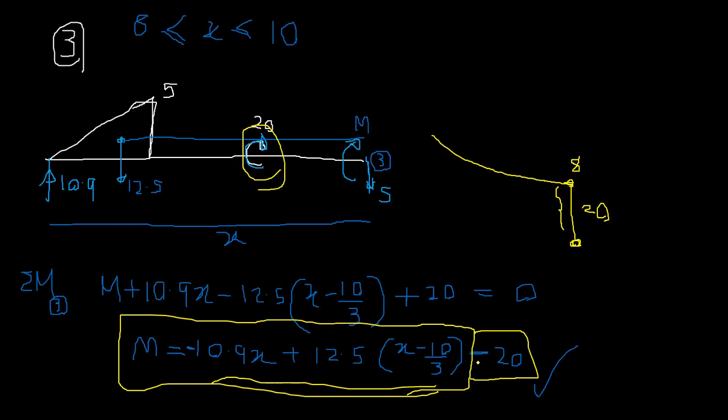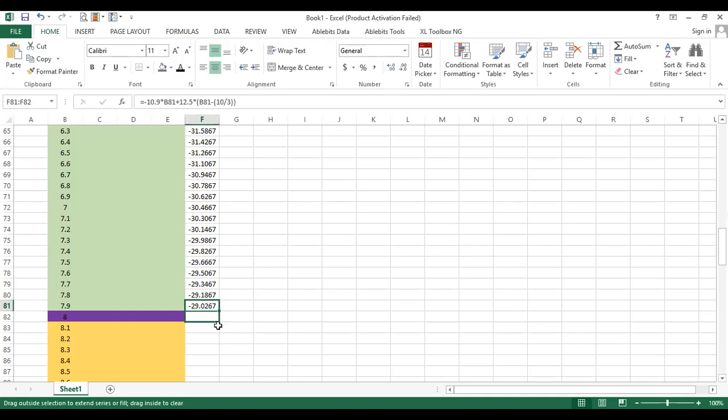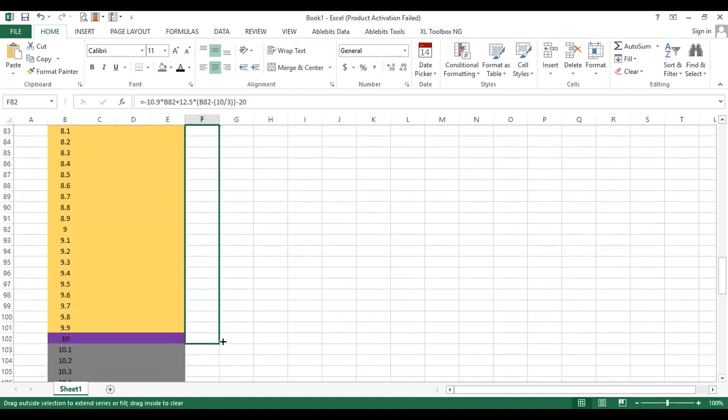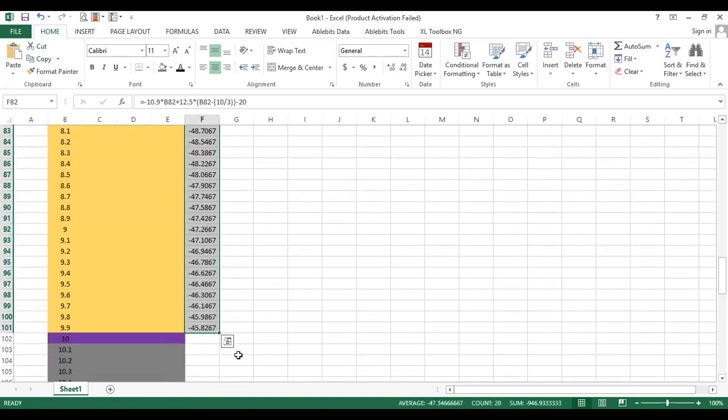Can you see this from the equation? The same equation, now we are reducing 20, right? So you can just construct this at 8. You can check this, and in the same equation, you have to minus 20, right? So you can see until 10, or you can stop at 10.